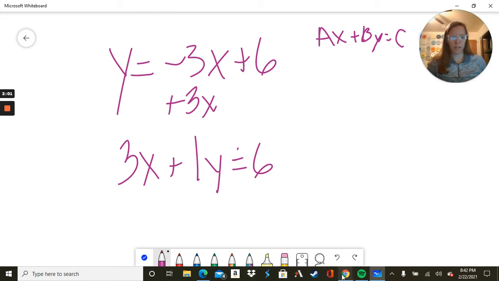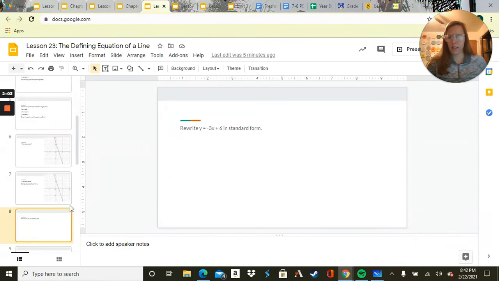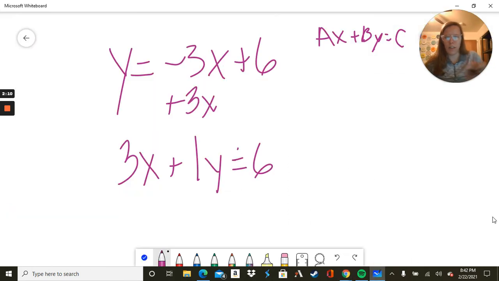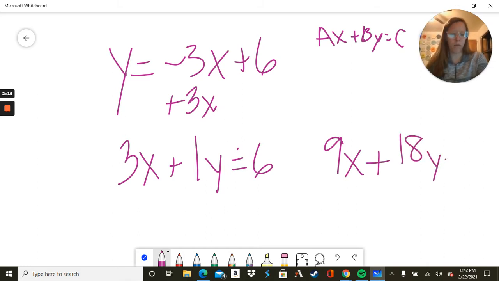Now we'll go back here to our thing. Okay, we did that. So now we're going to identify the constants, okay? So in 3x plus 1y equals 6, and 9x plus 18y equals 21.